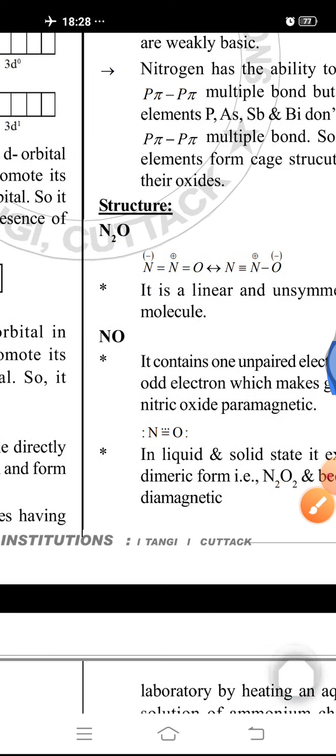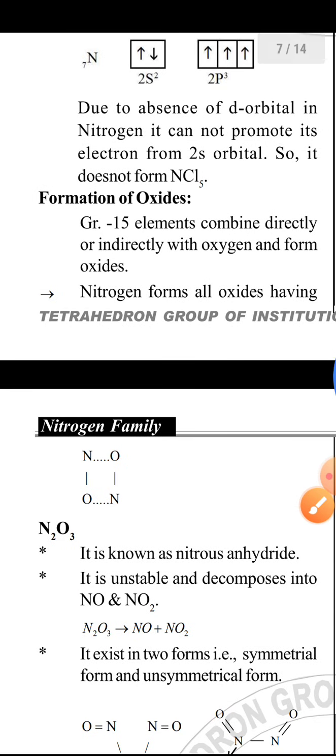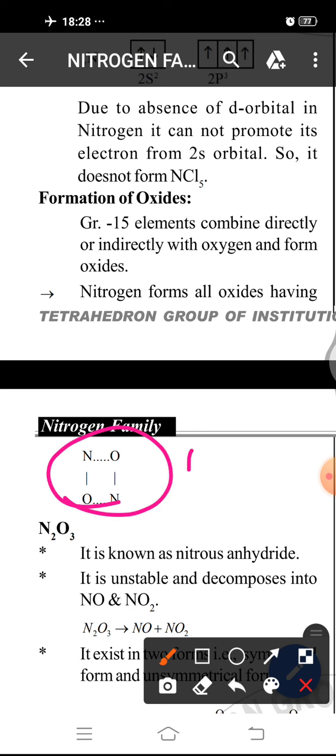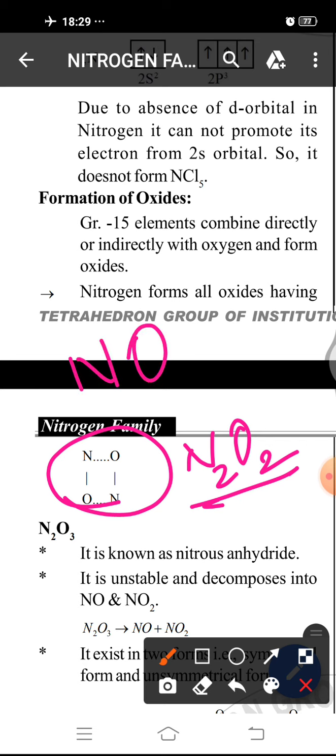You can see the dimeric state, the N2O2 structure, in which the odd electrons bond with each other. It is diamagnetic in the solid and liquid states, but in the gaseous state it exists as NO, so it becomes paramagnetic due to the presence of one unpaired electron.